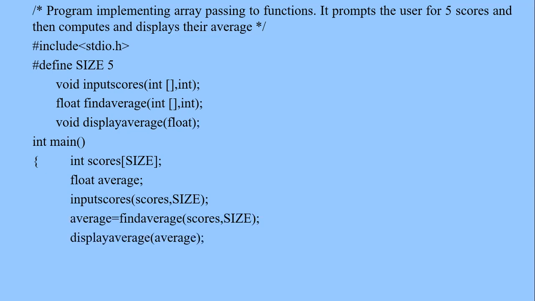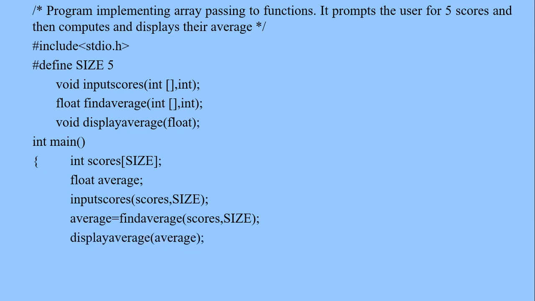Then this other one is a call statement to a void function called display average. This call statement is passing one argument to the function called display average. I repeat, this is a call statement to a function called display average, which is a void function.